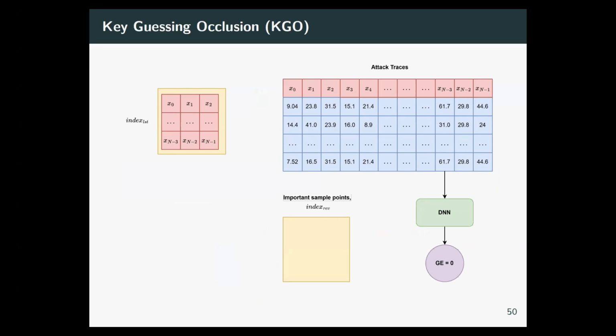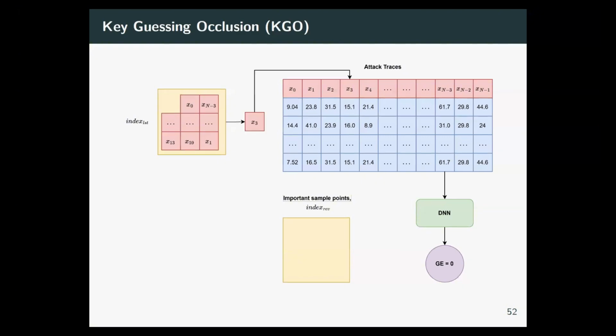It takes all the indices from x0 to xn-1 into an array. Then we shuffle it. Then one sample point at a time, we take, let's say, x3 over here. Then I occlude the sample point x3 of the attack trace. What I mean by occlude is just simply replace this value of x3 with a baseline value. This is what we call occlusion.